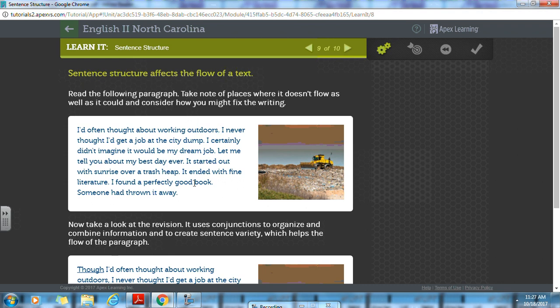Let me tell you about my best day ever. So these are literally 5 simple sentences. And the object is to take some of those simple sentences and combine them in a way that enhances the flow and the variety. Because if you're reading this, you're going to get a little bored reading simple sentence, simple sentence, simple sentence.